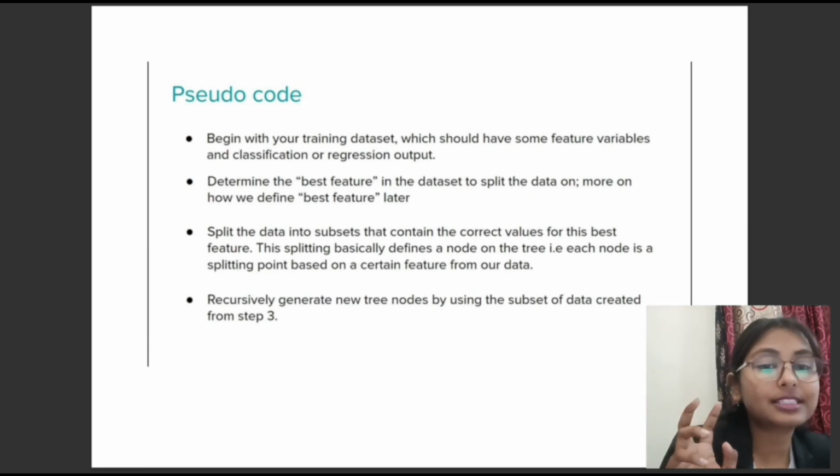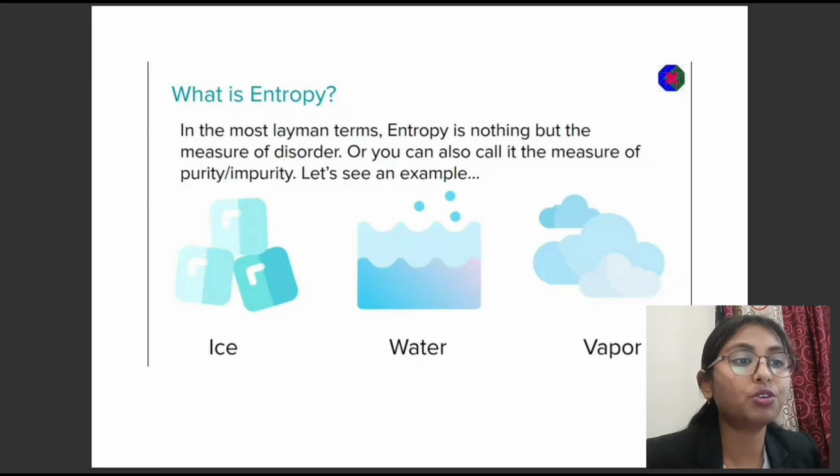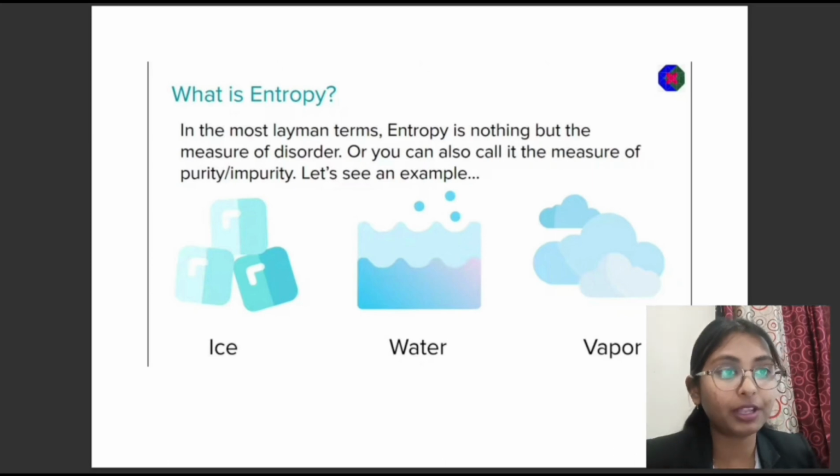For defining our best attribute, we need two measures: entropy, and with the help of entropy we will define our information gain. The feature with the highest information gain will be our best feature. Now, to get the information gain, we first need to know about entropy.